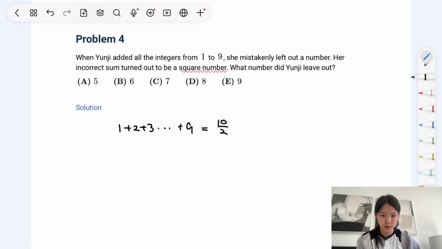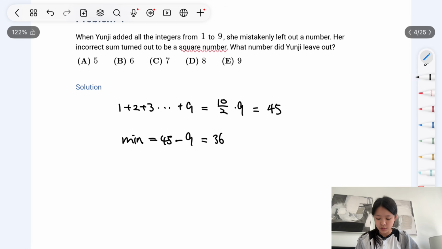Based off arithmetic sequence, the first number plus the last number divided by 2, and then times the number of numbers. So that would be 10 divided by 2 times 9, which is 45. And so we know the total sum is 45, which means that the minimum number that you could get in this case would be 45 minus 9, since 9 is the largest number, and that would get you 36.